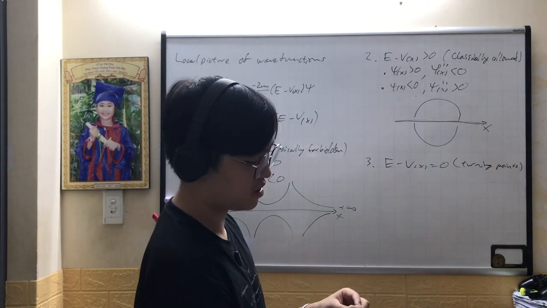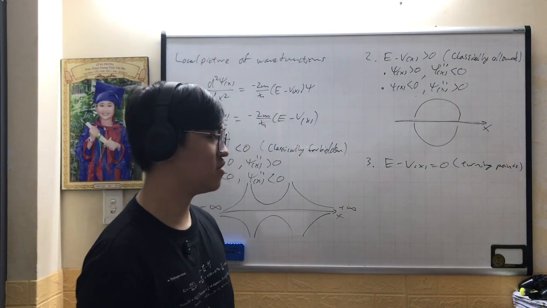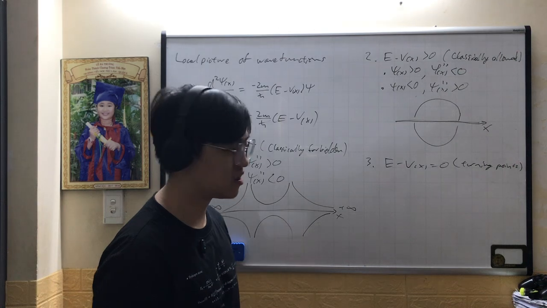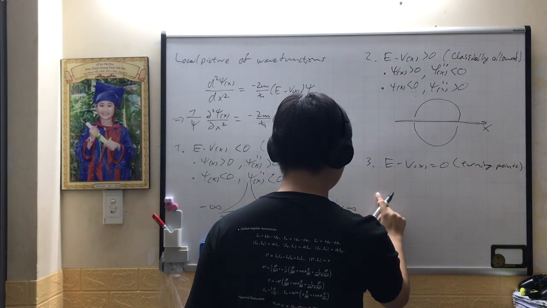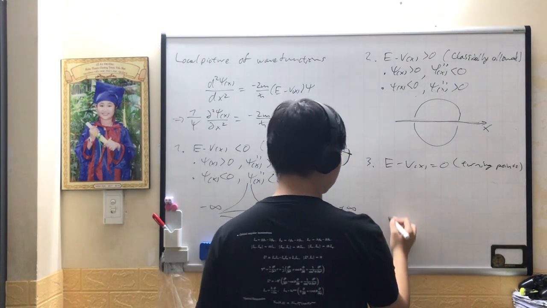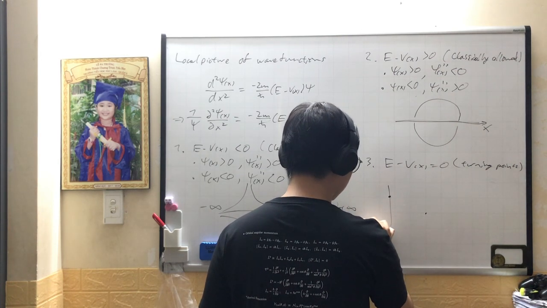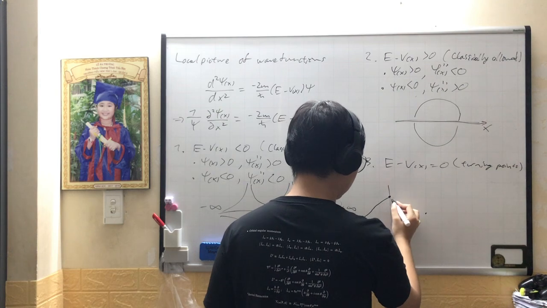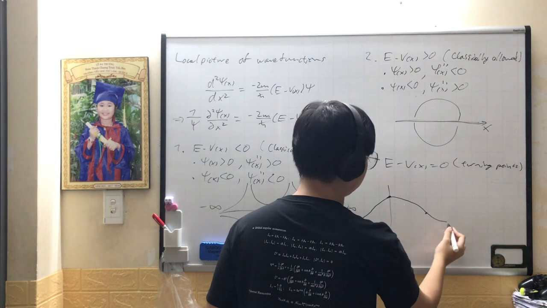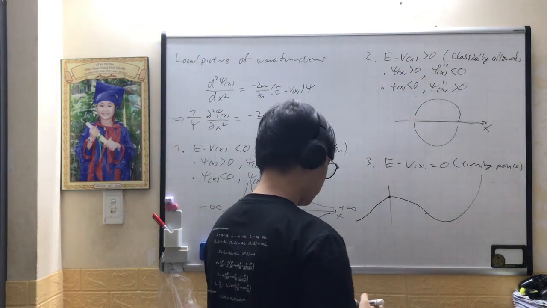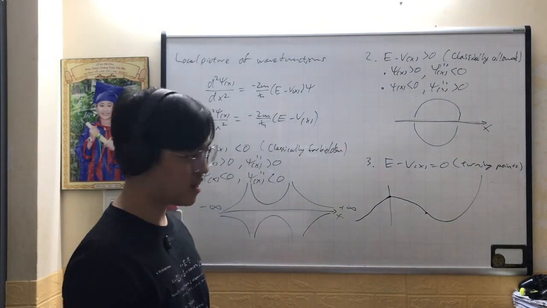Turning points, as you may have learned in math, are where your function is gonna change direction. So, for example, you have a function that goes up, hits the turning point, starts going down, then hits another turning point and starts going up again. That is the definition of a turning point if you don't remember that.